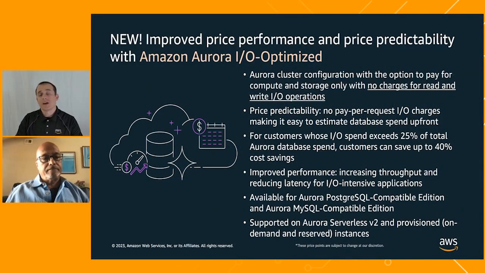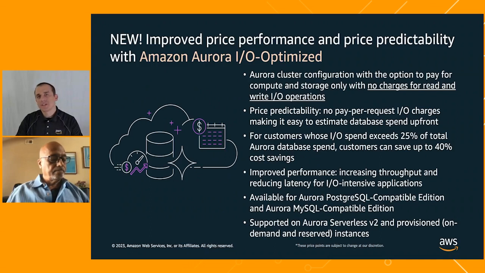Sure. Amazon Aurora, which is our MySQL and PostgreSQL compatible cloud native database service, has added a new configuration called Aurora IO Optimized. It enables customers to improve the predictability of their database spend.